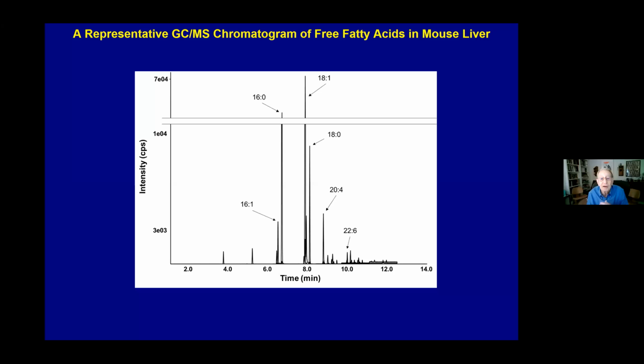What's shown here is that the majority of the free fatty acids are palmitic acid 16:0, oleic acid 18:1, and stearic acid 18:0. That is the two major saturated fatty acids and the major monounsaturated fatty acid. But one also sees a good peak of arachidonic acid and DHA 22:6.